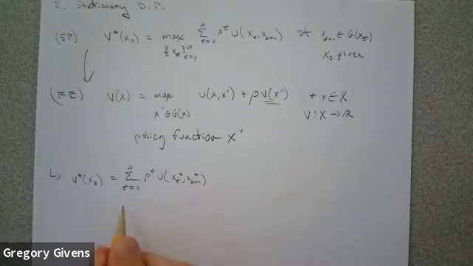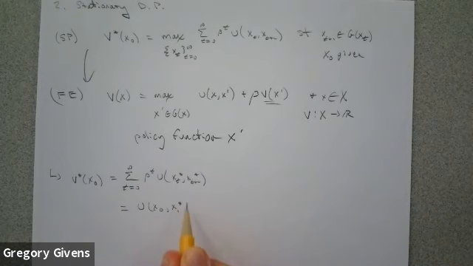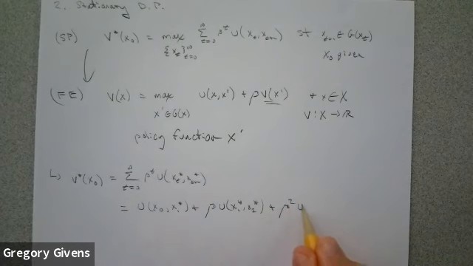Well, we can actually break up that infinite sum, right? That's u of x0, x1 star, plus beta u of x1 star, x2 star, plus beta squared u of x2 star, x3 star, plus dot, dot, dot, right?